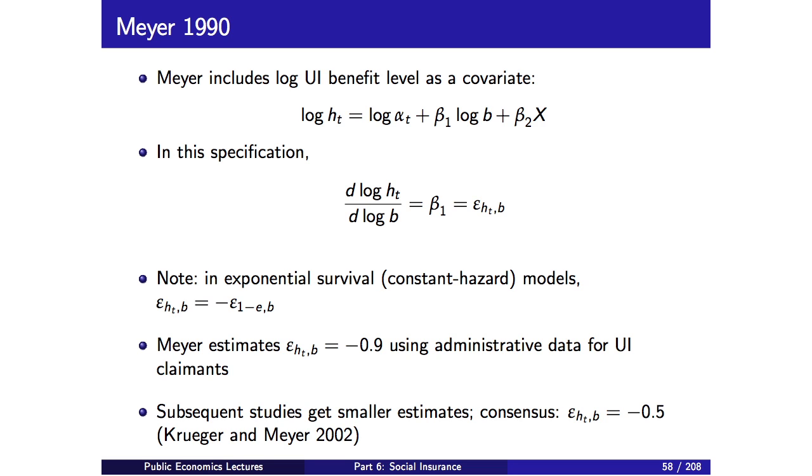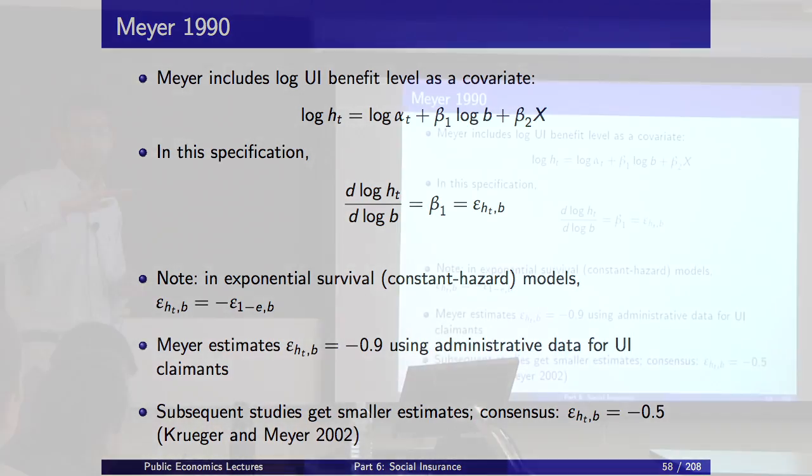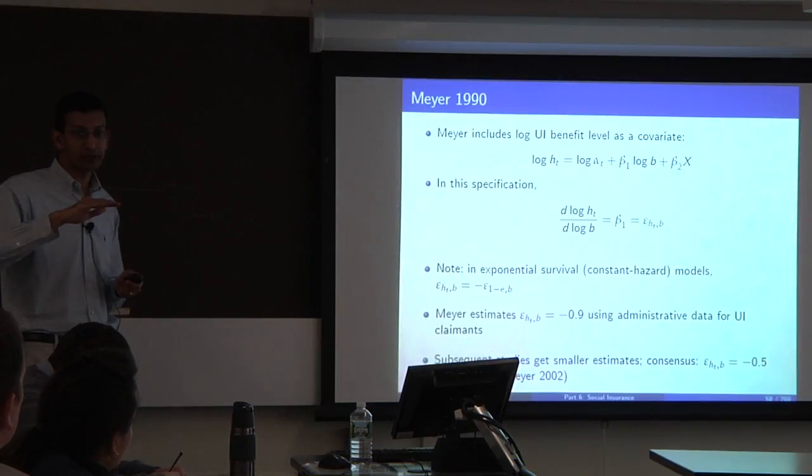And if you want to map this back to the thing that matters in the model, that is the fraction of time that you stay unemployed, or in this context, your unemployment duration, then as a rough approximation, it's useful to note that if you have a constant hazard model, so a model where it's memoryless, in every period you have a given probability of failure, like 5% or something, then it's easy to show that in that model, the expected duration is 1 over the hazard rate.